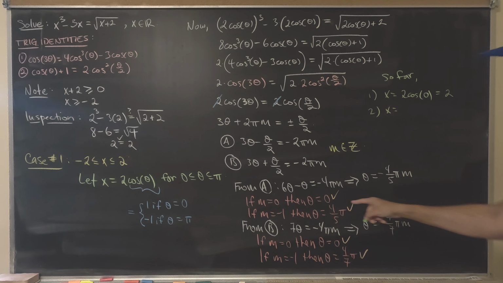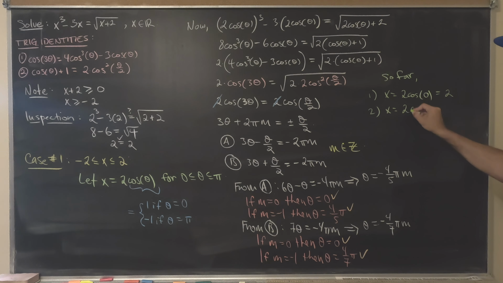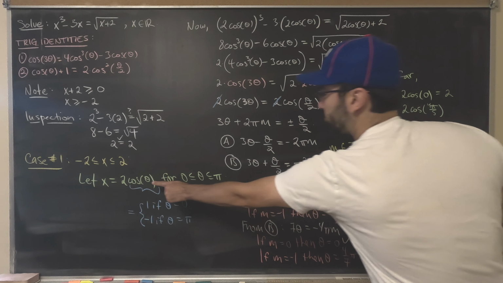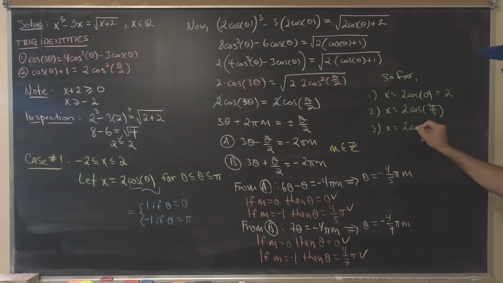But also theta can be 4/5 pi. And thirdly, we can also have theta as being 4/7 pi. So x is just 2 cos 4 pi over 7.